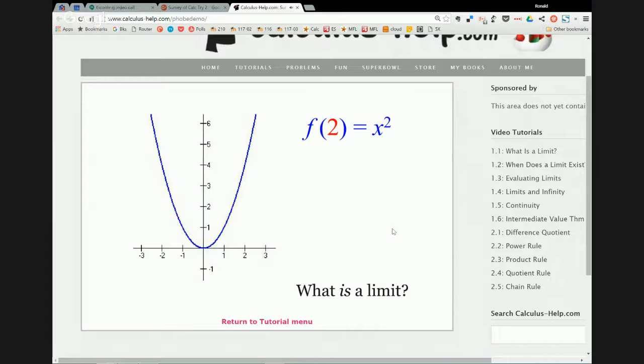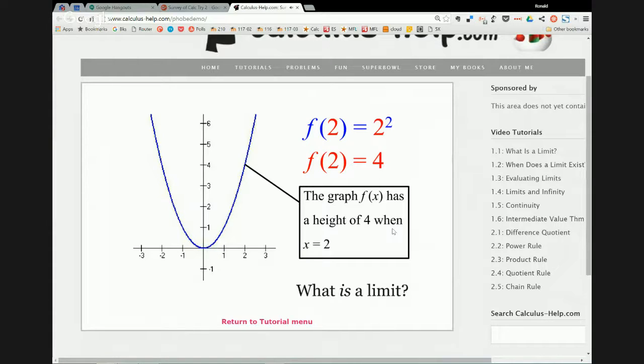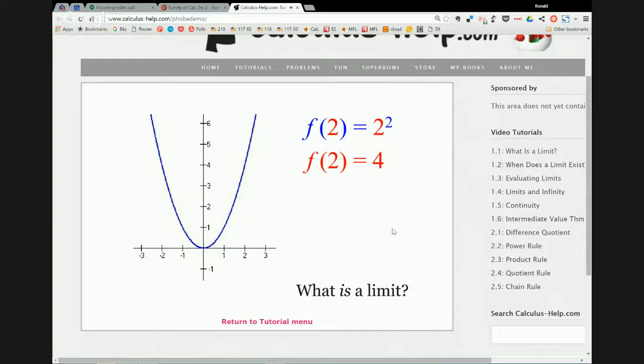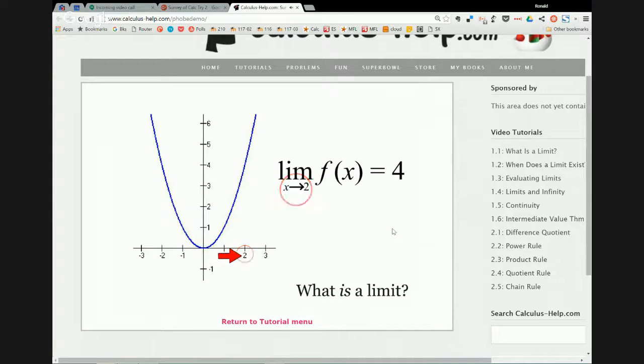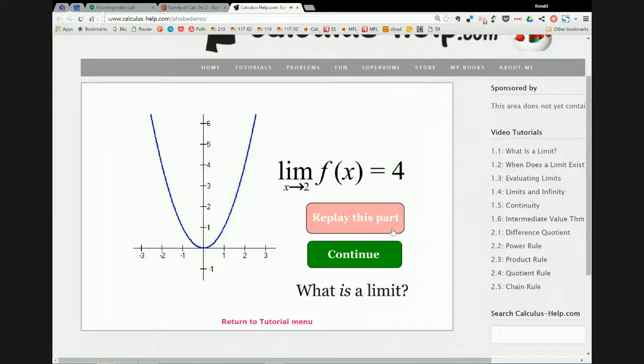If I plug 2 into x squared, I get 2 squared, or 4. This means that the function reaches a height of 4 whenever x equals 2. Pretty simple. But now I can create my first very basic limit statement, and that is the limit as x approaches 2 of f of x equals 4. This just means that whenever I'm getting very close to the x value of 2, my function is getting very close to the height of 4.